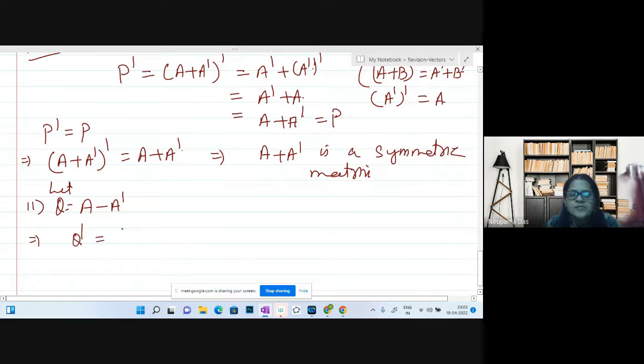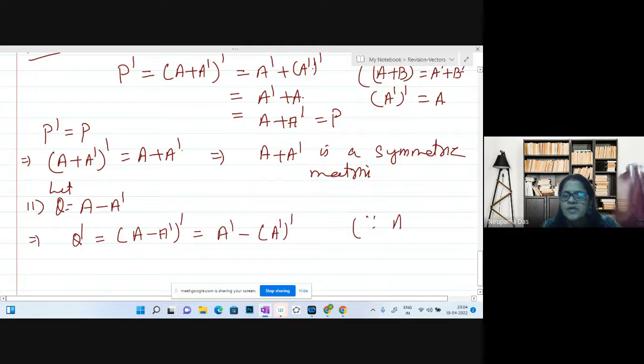So Q transpose is the transpose of A minus the transpose of A transpose. It is because, as we know, the transpose of A minus B is A transpose minus B transpose.